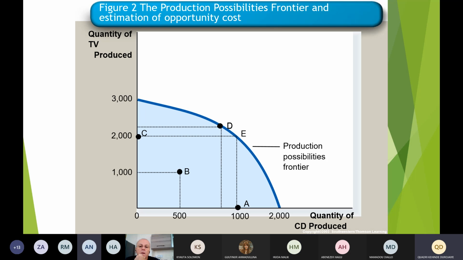Yes, sir, we're able to see. Yes, I can see it. Probably, Gabriel, this is your internet. The rest can see the screen. It's still white.